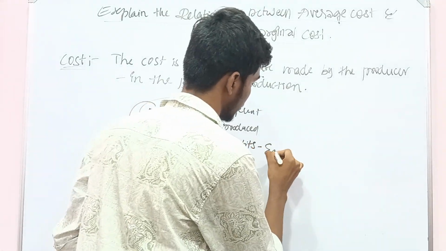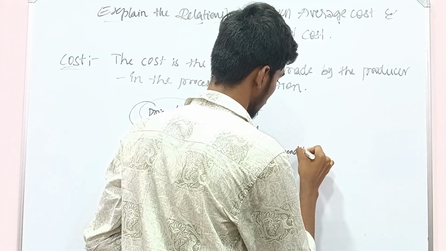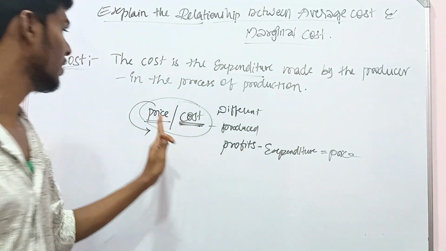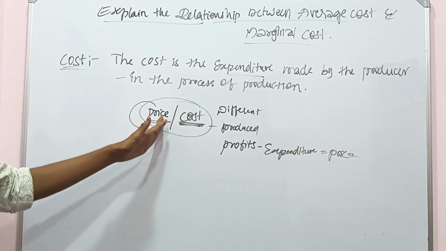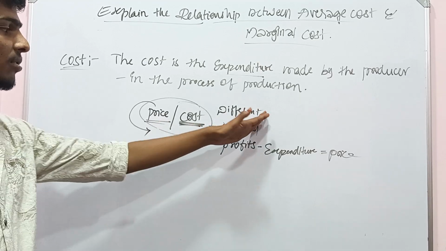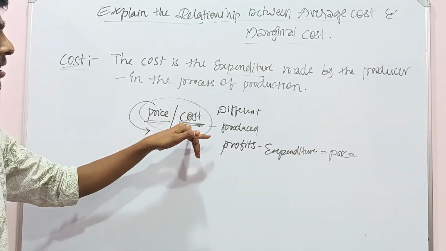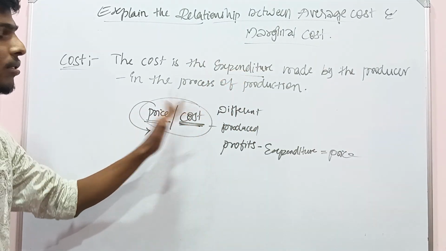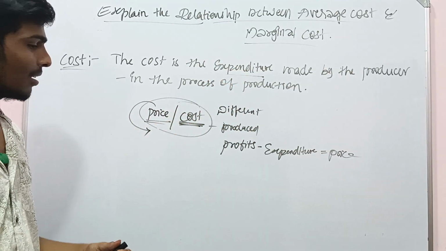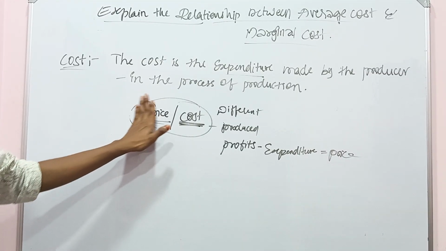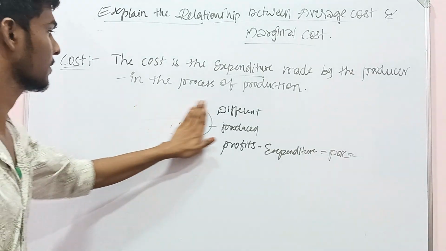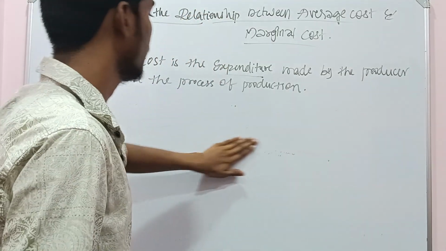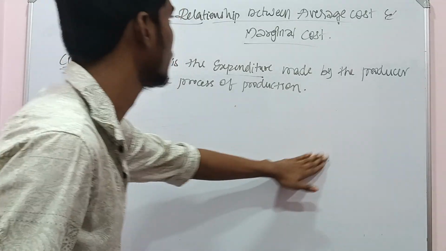Profit minus expenditure is equal to price. It is something that is fixed after the process of production. The cost is that which is incurred in the process of production. Anyhow, we don't need price here. We are just talking about the cost and the relationship between the average cost and marginal cost.